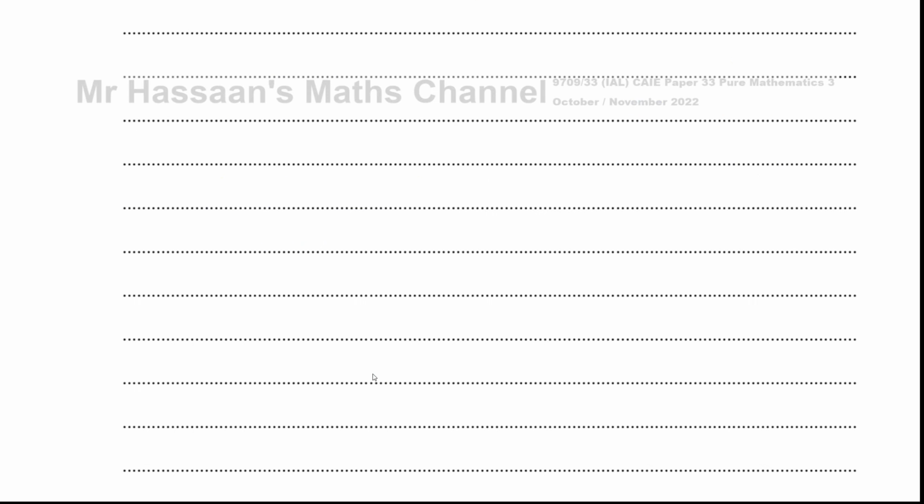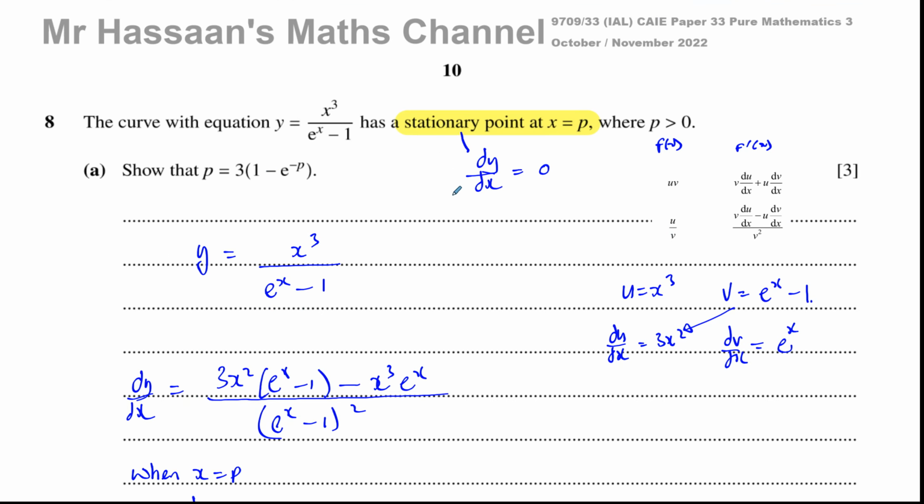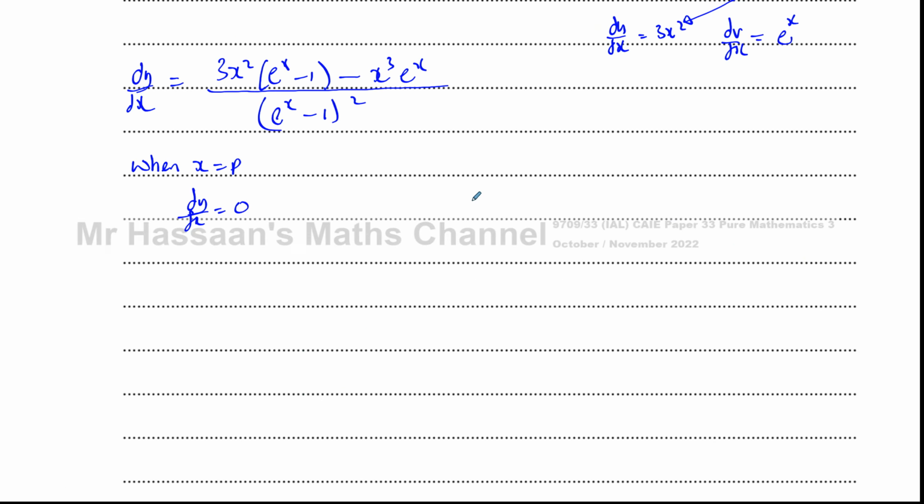Okay, so what we know is that when x equals p, then at that point dy/dx is equal to 0, because that's where we have the stationary point. So I'm going to replace the x with p and the dy/dx with 0.